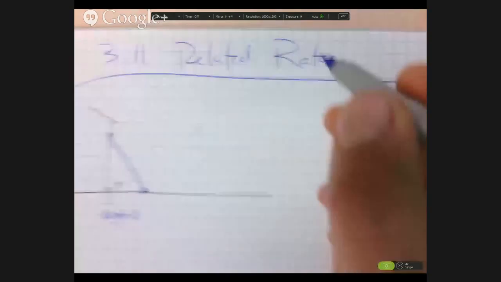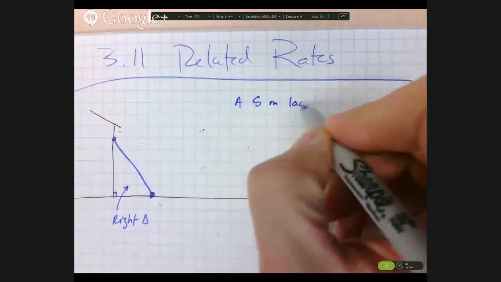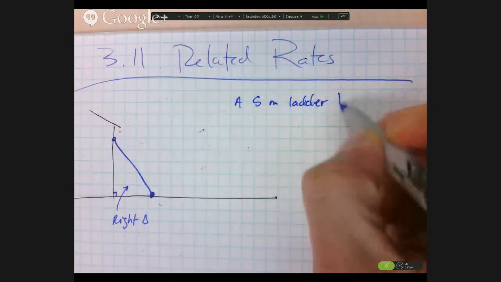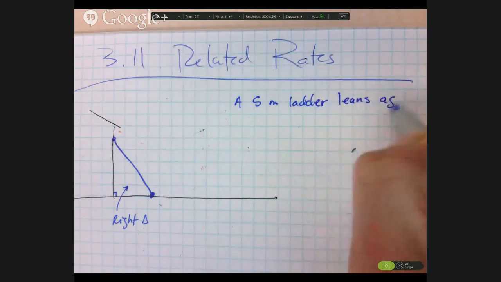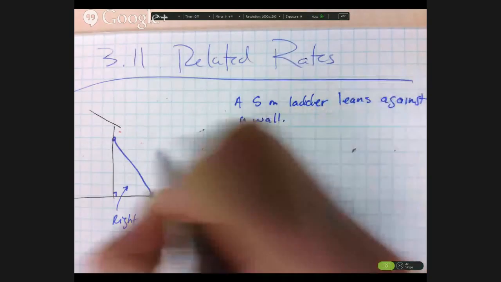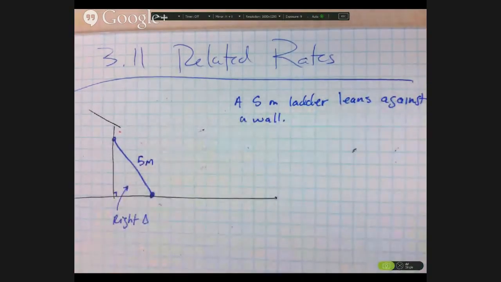Here's the wording of the problem. A 5-meter ladder leans against the wall. Five meters tall.